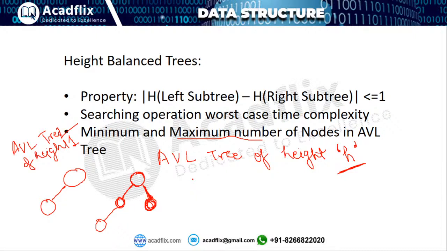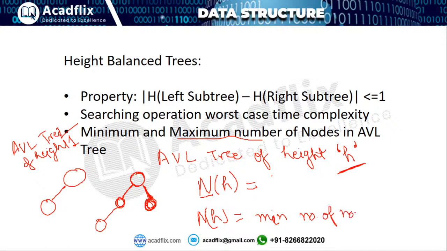Actually, this is not a formula, this is a recurrence relation that I'm giving you. So the minimum number of nodes in an AVL tree of height h is N_h, equal to the minimum number of nodes in an AVL tree of height h. So this is what N_h is denoting.